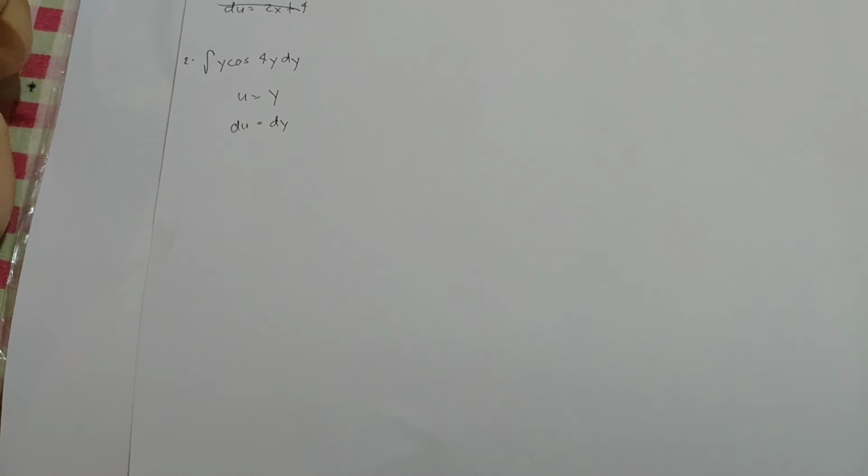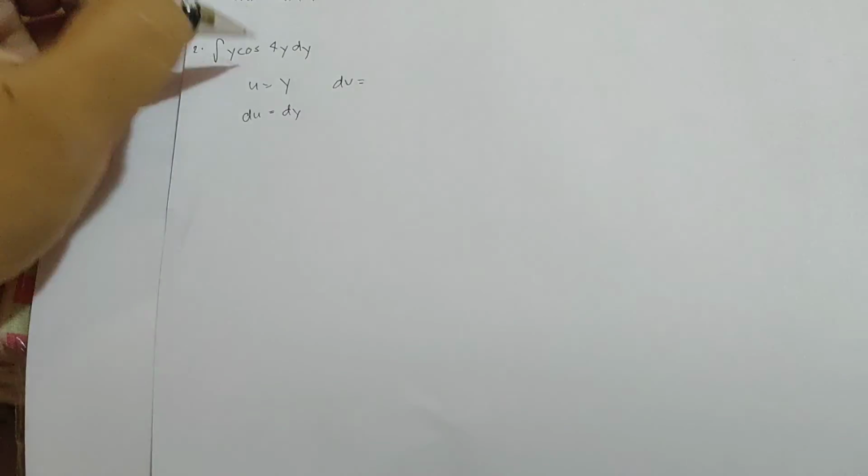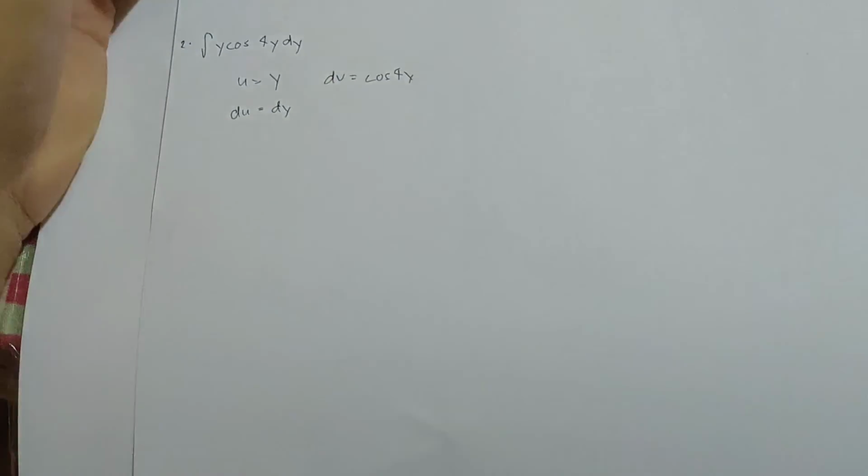This is our second sample problem in integration by parts. As usual, our first step is to get the value of our u. Our u here is y. Our du is dy, the derivative of y. Our dv is cosine 4y dy.